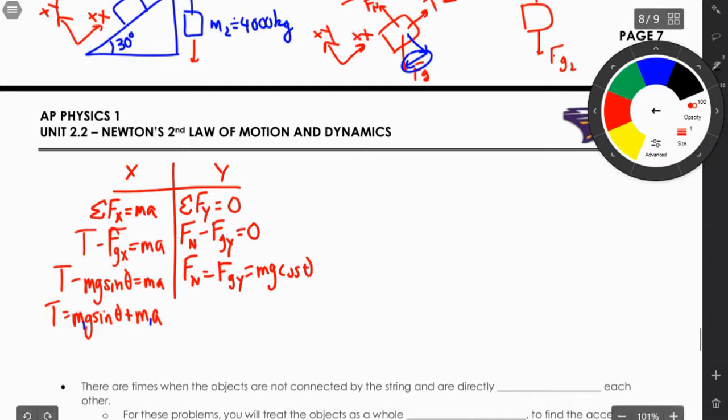For our hanging block, remember we follow the string along the pulley, so our positive X is actually going to point down.